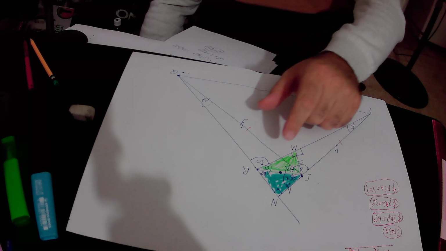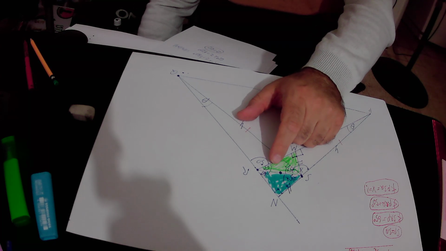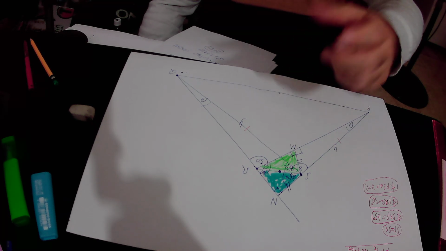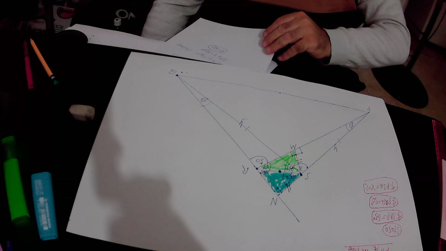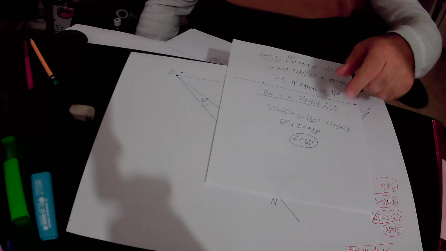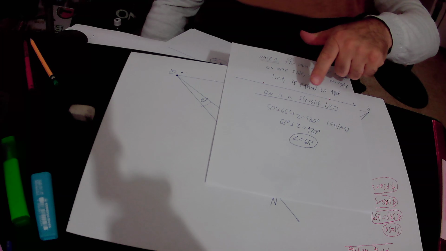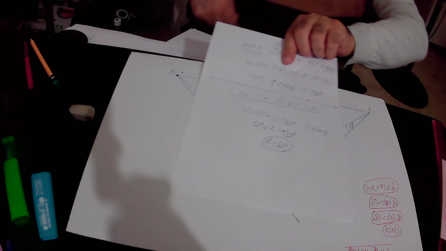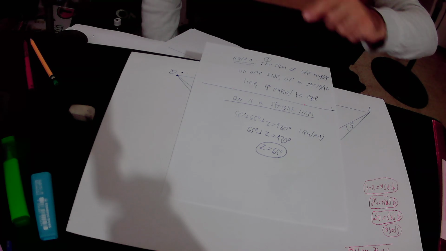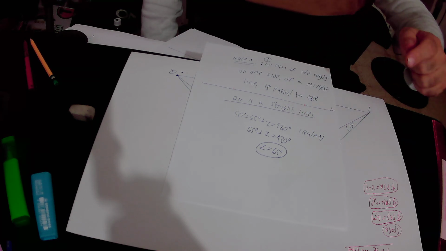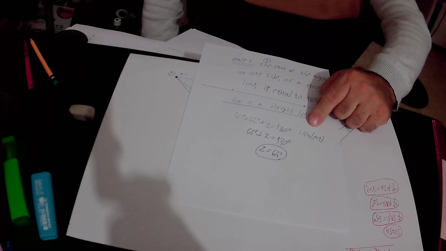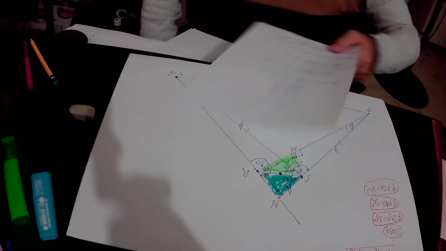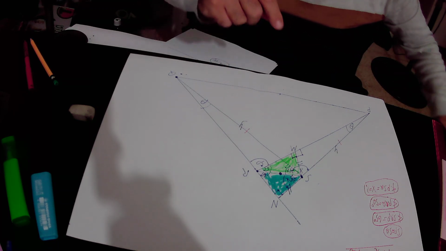So if we focus on this side of the straight line QN at point R, the sum of the angles must be equal to 180 degrees according to rule number one. That is to say 50 degrees plus 65 degrees plus the size of this angle, which we defined as angle Z, equals 180 degrees. So we solved this equation and we found that Z equals 65 degrees. So this angle equals 65 degrees.